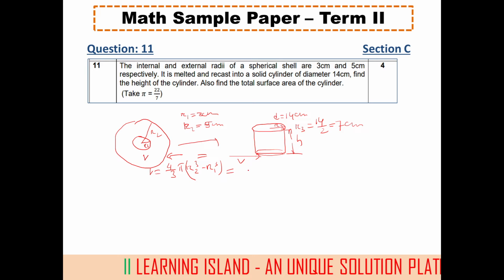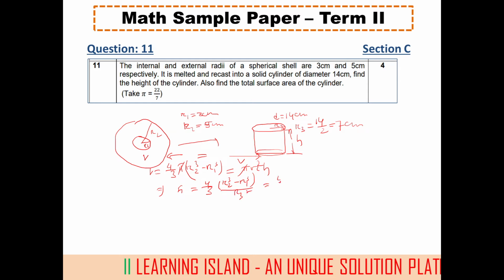This will be equal to the volume of the cylinder, which is pi r square h. If we simplify this, pi gets cancelled, and hence h would be equal to 4 upon 3 multiplied by (r2 cube minus r1 cube) divided by r3 square.